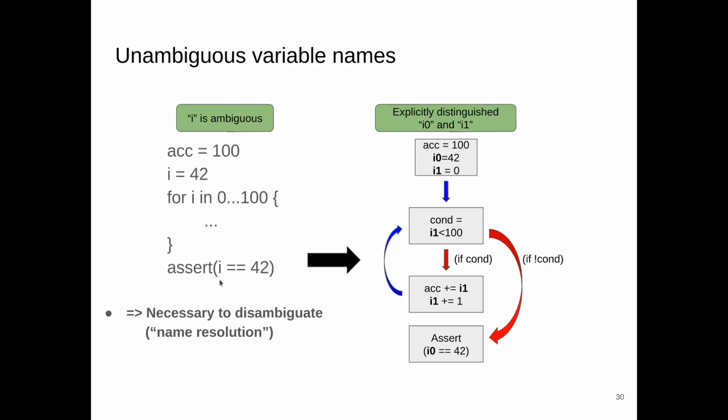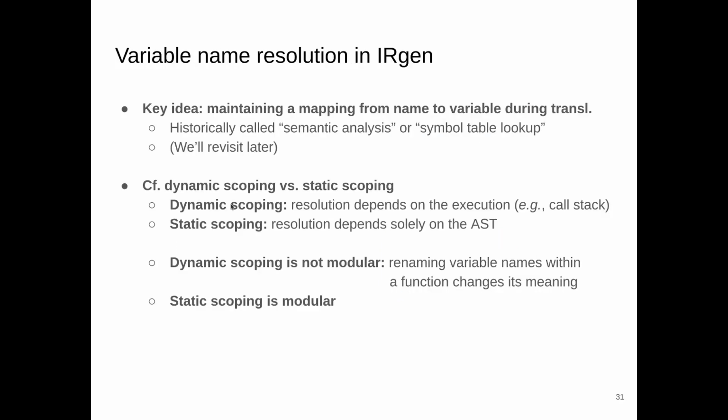Or if you call a function foo from another context, this I may resolve to the variable that was declared in the caller. So the execution context or the call stack may change the meaning of the variable name I. So that is usually called dynamic scoping instead of static scoping.